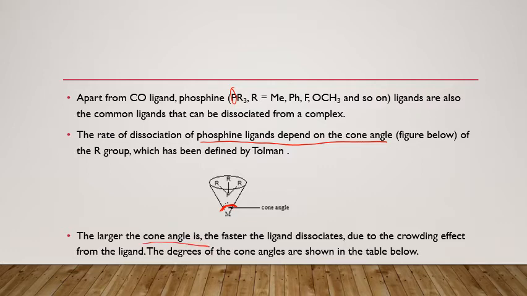will be dissociated. Due to the crowding effect from the ligand, if you have a bigger R group, then it may contribute to a higher cone angle. If you have a higher cone angle, the ligand can be easily dissociated.